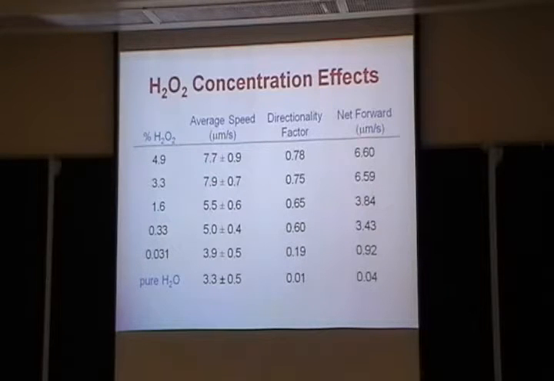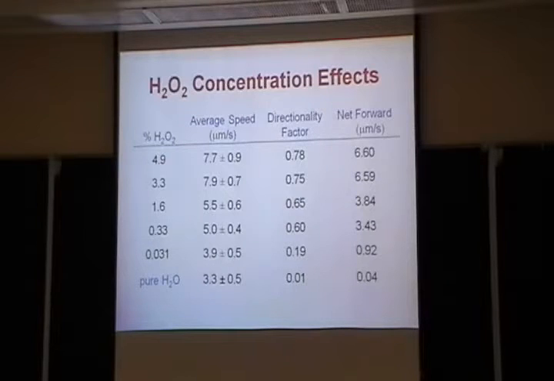And so you might ask the question, why does it level off? Why doesn't the speed keep going up and up and up? And there are two possible reasons for this. Now, the speed is related to how fast you're consuming your fuel, hydrogen peroxide. And the two things that govern that, one is diffusion. If the hydrogen peroxide does not diffuse fast enough to your catalyst, that would be a limiting factor.